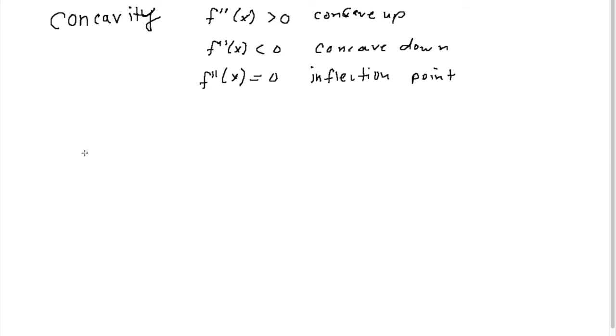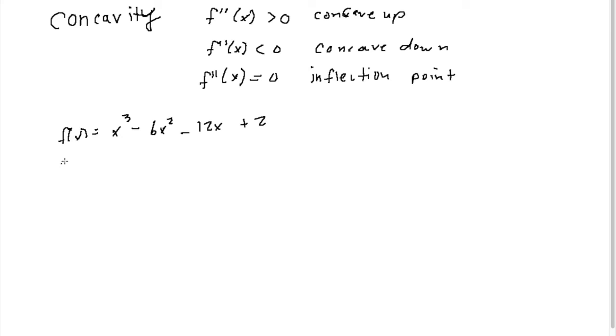Let's take a look at the function f of x is equal to x cubed minus 6x squared minus 12x plus 2. We're going to find where the graph is concave up, concave down, and any inflection points. Well, looking at our definitions for concavity, we're going to need the second derivative.